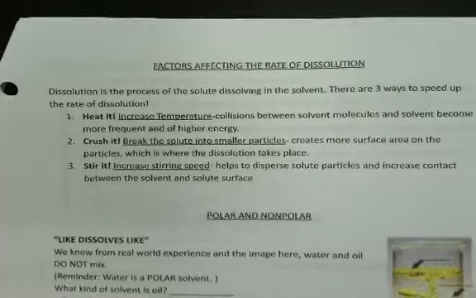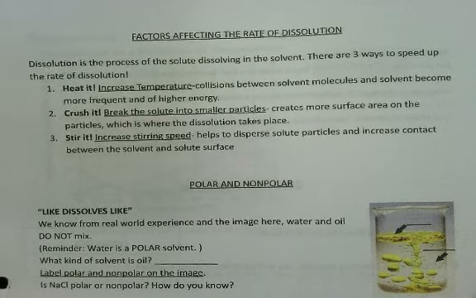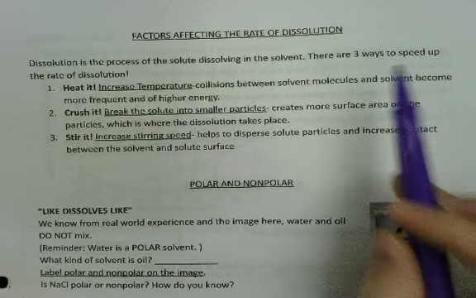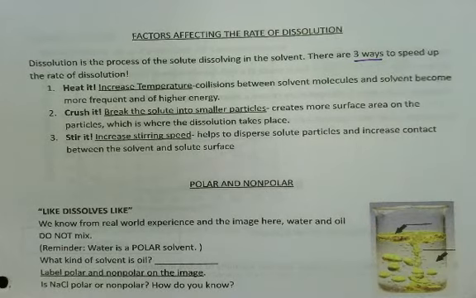So we're going to go ahead and flip to our next page. We're going to talk about factors affecting the rate of dissolution. So if we have a solid solute dissolving in our solvent, there are three ways that we can speed up the rate of dissolution, the rate that things dissolve at.